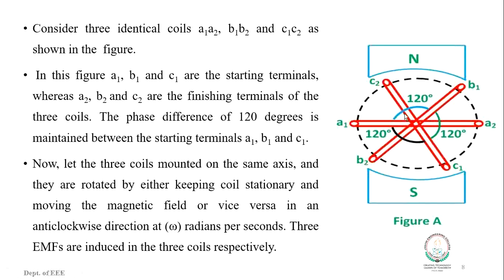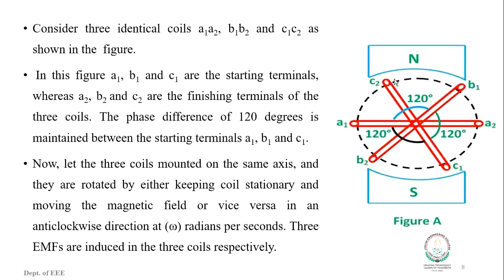This is A1, this is B1 and this is C1. A1, B1, C1 are the starting ends of the coil, and A2, B2 and C2 are the finishing ends of the coil, because if we take a conductor, it will have a starting end and then a finishing end.